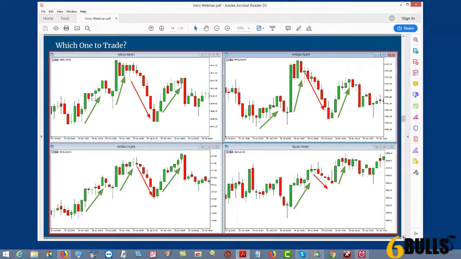And again, if you're transitioning from demo to live, you want to start with the S&P 500 micro, the MES, and then from the micro you move to the mini, and instead of making $1.25, you make $12.50 per contract, per tick, right?